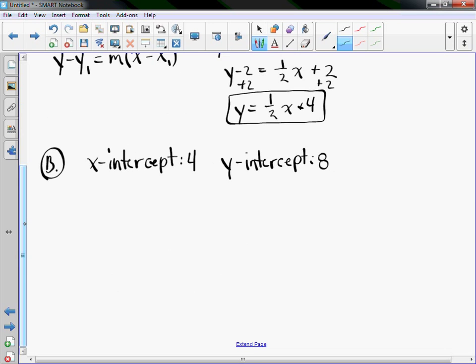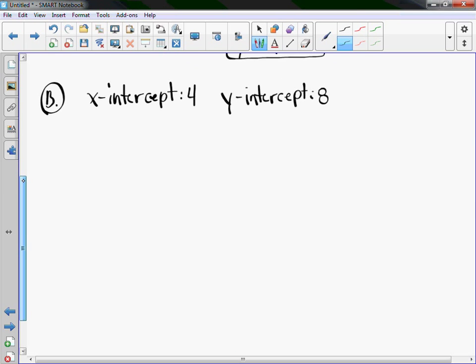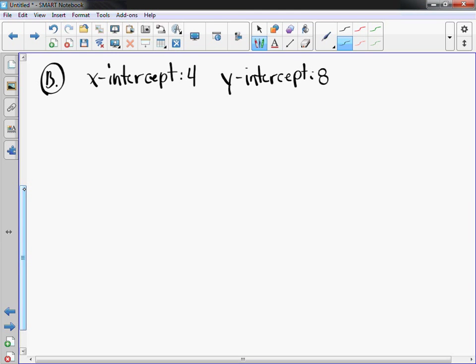Okay, now let's look at a variation on that problem. It gives us the x-intercept and the y-intercept instead of giving us 2 points or a point and the slope. It basically gives us 2 points, because the x-intercept is where the line crosses the x-axis, which means the y value has to be 0.